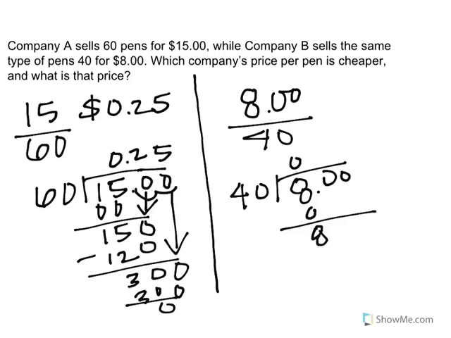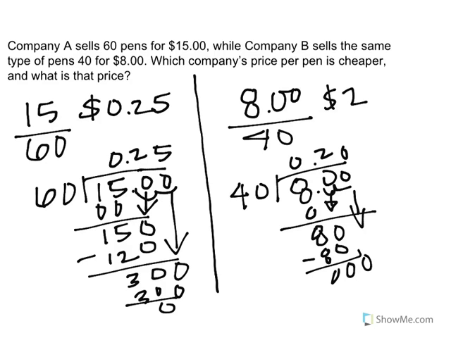That leaves us with 8. Bring down a 0. 40 goes into 80 2 times. 4 goes into 8 2 times. 2 times 0 is 0. 2 times 4 is 8. Then our subtraction: 0 minus 0 is 0. 8 minus 8 is 0. We're left with 0. Bring it down. Well, 40 goes into 0 0 times. We have 2 decimals.